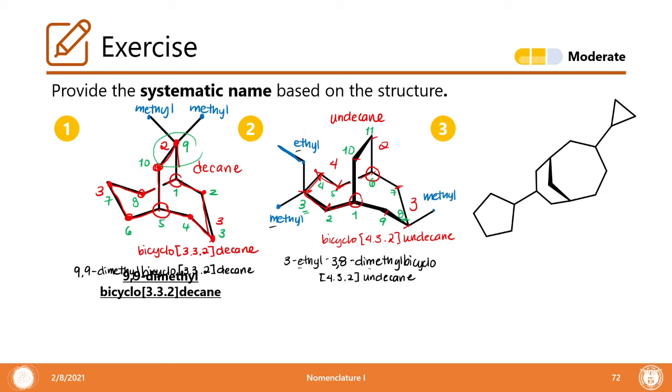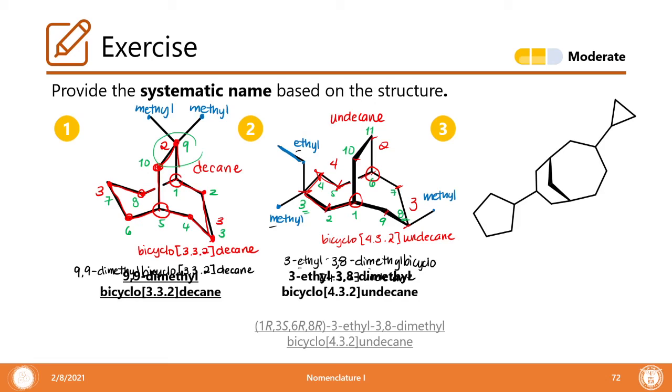Okay, let's see if that's correct. It's just obscured, but it says 3-ethyl 3,8-dimethyl bicyclo 4,3,2 undecane.